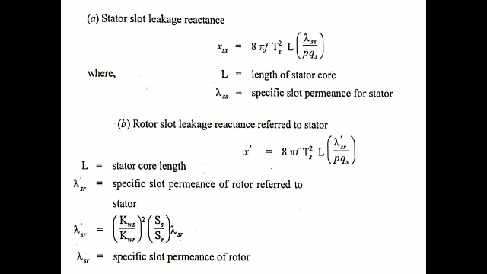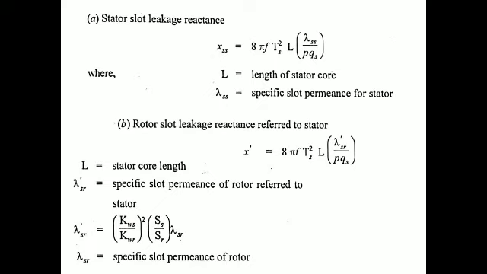The first one is the stator leakage reactance XSS. It has the equation 8 pi f ts square L and lambda divided by PQ. It is the equation we already covered in the magnetic circuit calculations.